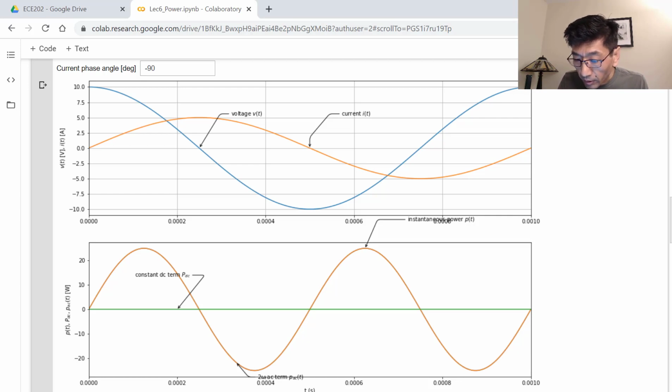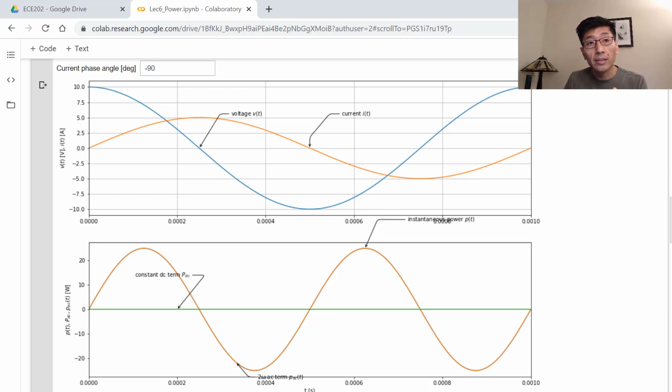You see the instantaneous power: the blue line and the orange line now coincide with each other. The DC term is gone, right? There's no DC term anymore, and that's why the average power for an inductor is 0.